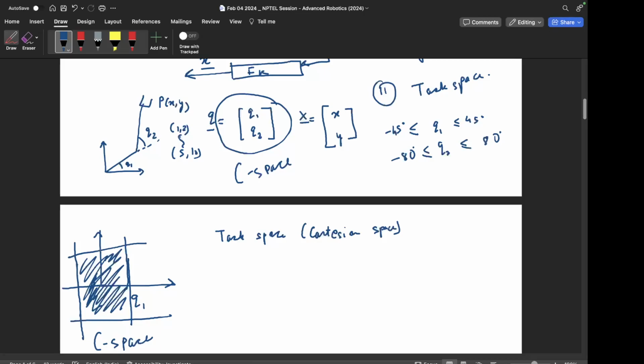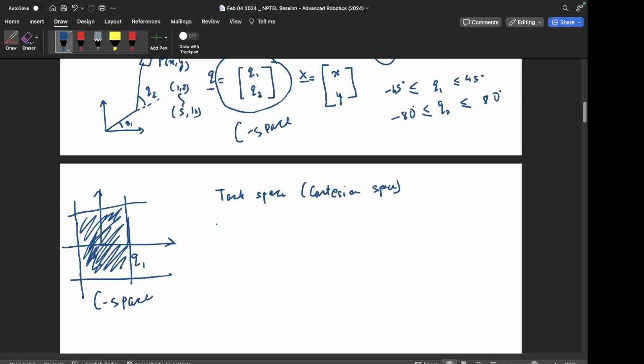At each point we have the information about the x and y coordinates, right? So precisely what we specify for the manipulator is the coordinates of the end effector, right? And that's the task. So the task space is the set of coordinates which are used to specify the task, right?